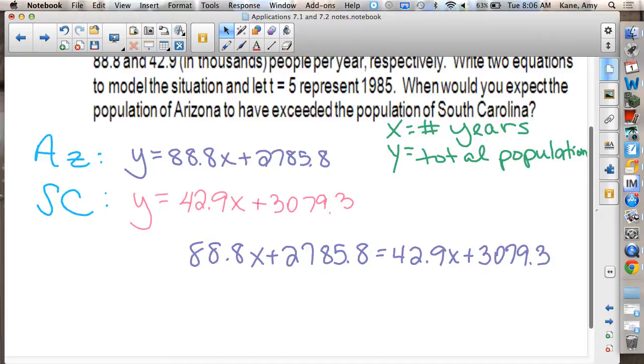So see if you can get x by itself, take the x's to one side, the numerical value to the other side.